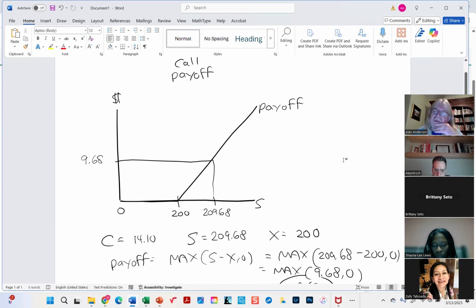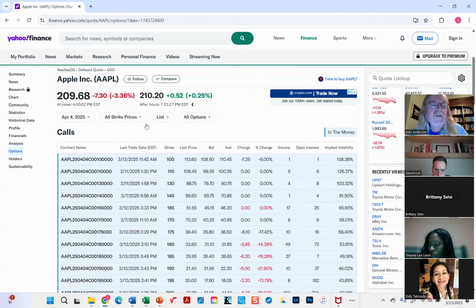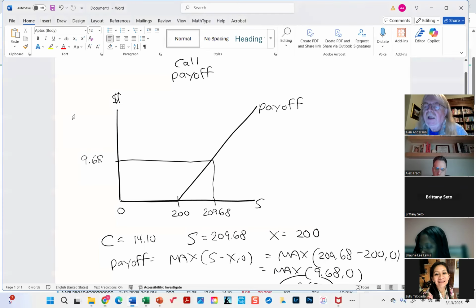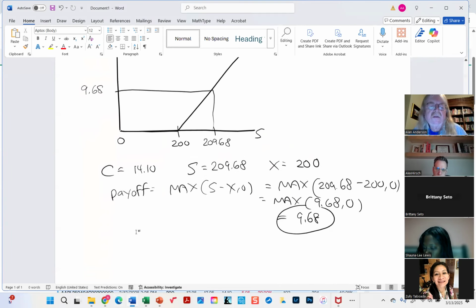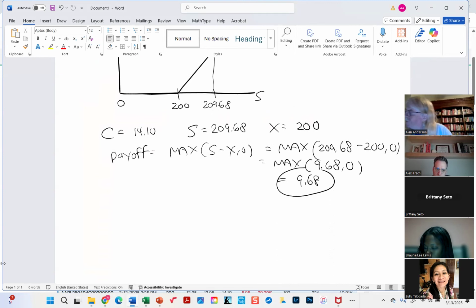Well, the reason for that is because this option expires in about 3 weeks. So that means that between now and April 4th, maturity equals April 4th.